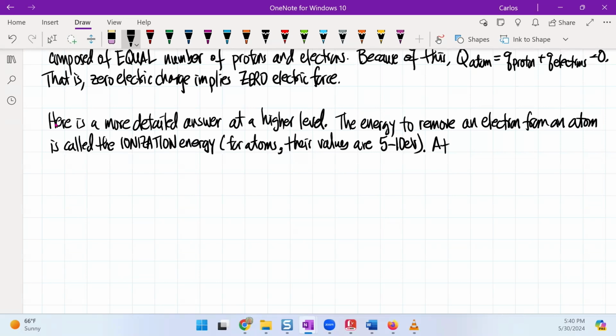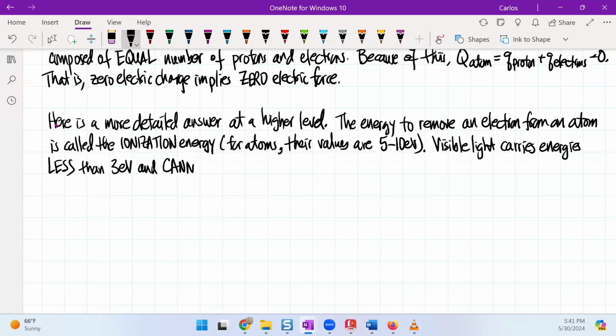Visible light carries energies less than 3 electron volts and cannot ionize most free atoms.